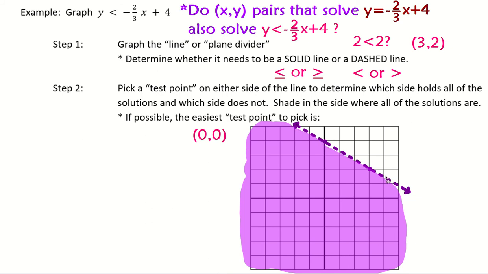Any point on the dashed line is not actually a solution. If you said, what about (3, 4), is that a solution? You would say no, it's not in the shading. It's out here in the non-shaded area. But if they asked you about points like (0, 0), or (1, 2), or (-3, -3), all of those ordered pairs would be solutions because they live in the shading.